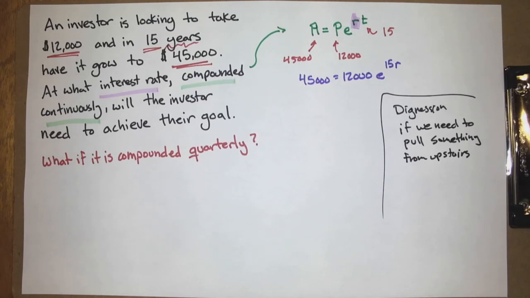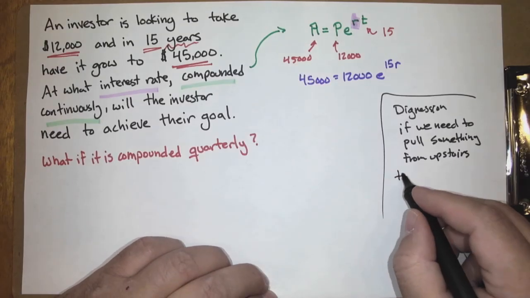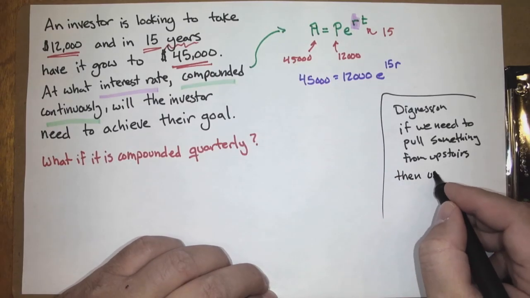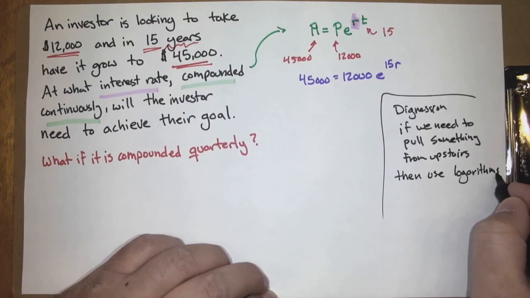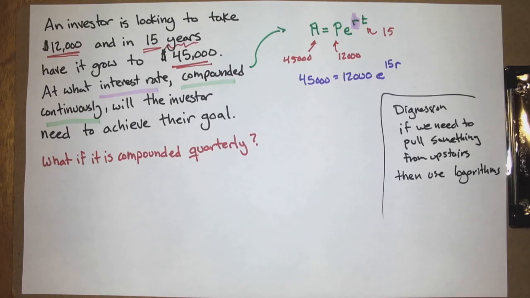When something is upstairs, it's in the exponent, and it's behaving like an exponential function. So I need something that undoes an exponential function. What we have is logarithms. Logarithms are designed to undo exponential functions.